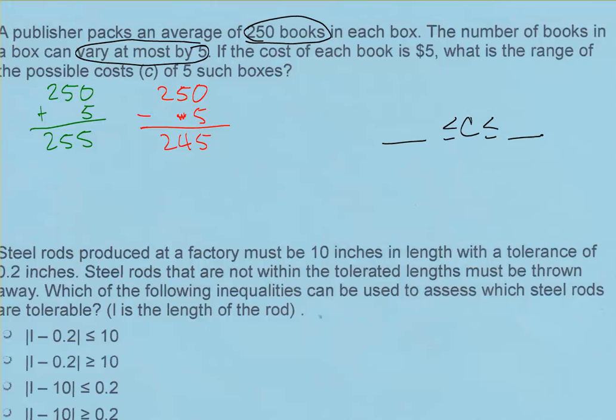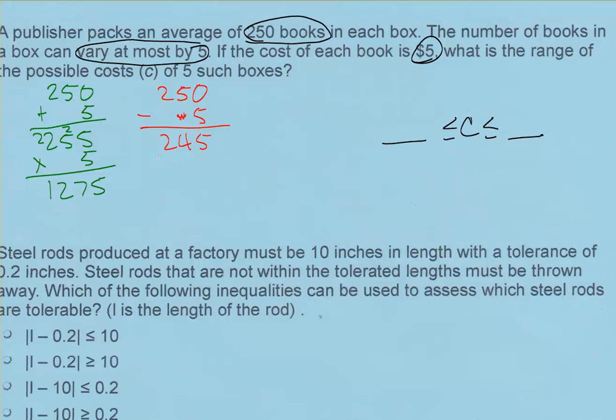Now, this would be our high and our low if they were just asking for how many books, but what they're actually asking for is the cost of these books. It says that the cost is $5, so we're going to be multiplying each of these numbers by 5. So 255 times 5 is 1275.